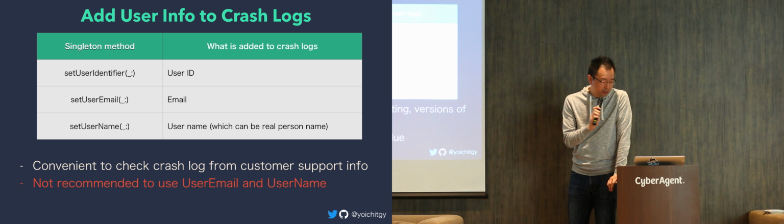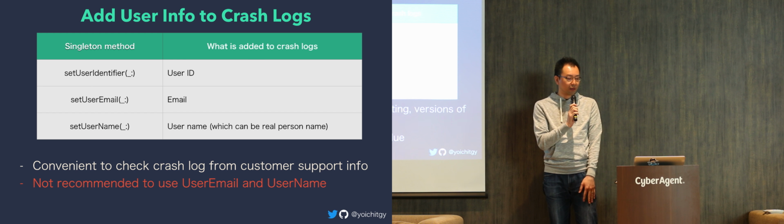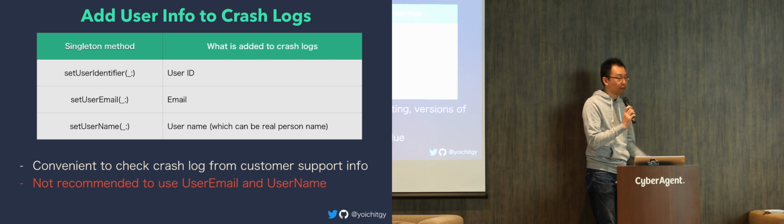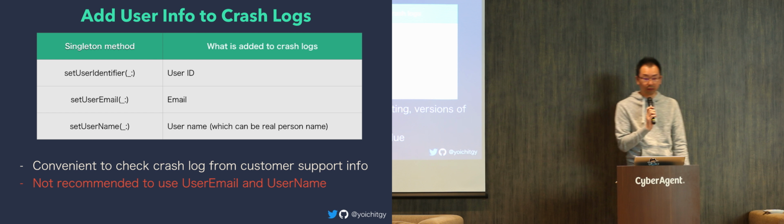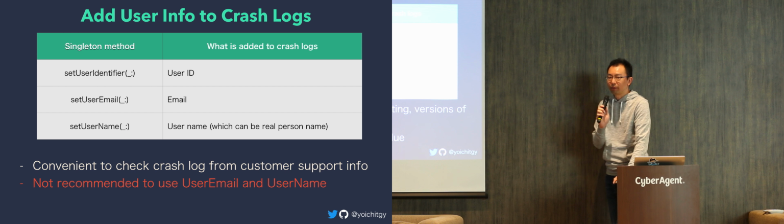The limitation is a maximum of 64 pairs and only 1 kilobyte for key-value pairs. So if you want to add a lot of keys, using JSON for one key might be a good idea.